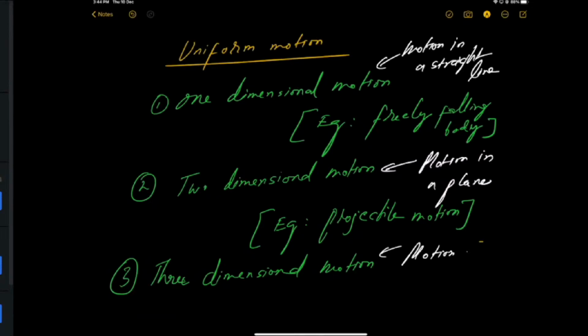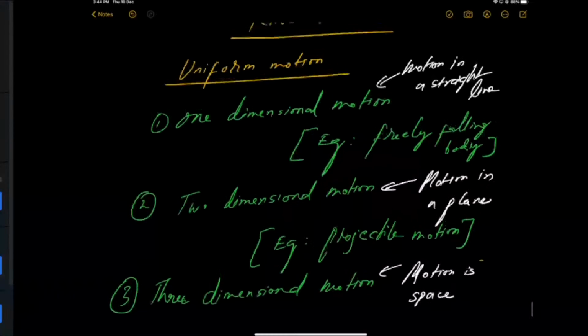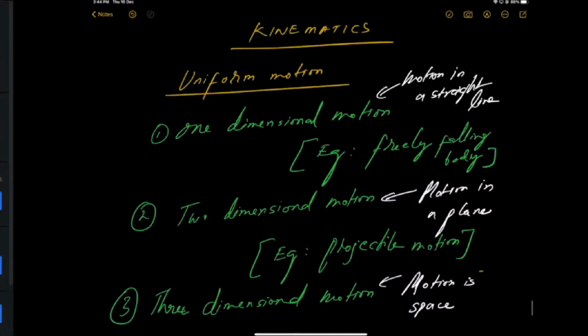Motion in space, because we live in a three-dimensional space, right? As far as we know, we live in three-dimensional space. I will discuss three-dimensional motion a little bit at the end of the chapter, but mostly kinematics is concerned with one-dimensional motion and then two-dimensional motion.